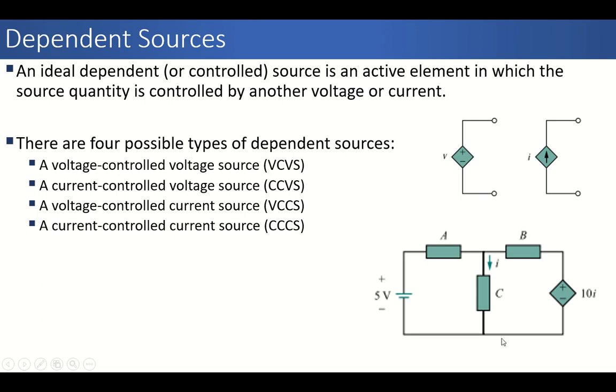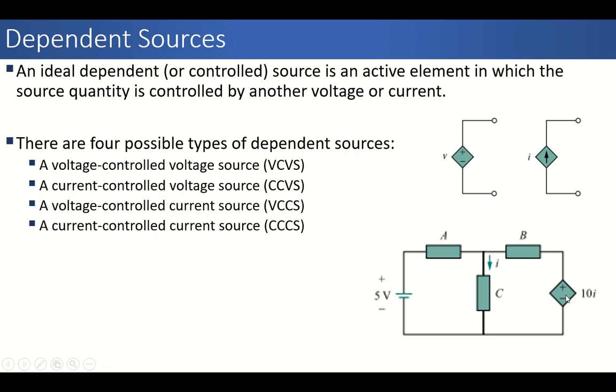So just like here we have this circuit. In this circuit we have a fixed or independent voltage source, and the voltage across the terminals of this source is 5. This is the plus terminal, this is the negative terminal. We have element A, element B, and element C. Let's suppose that in element C there is a current flowing in the downward direction and its amount is I. Now in this circuit we have another voltage source.